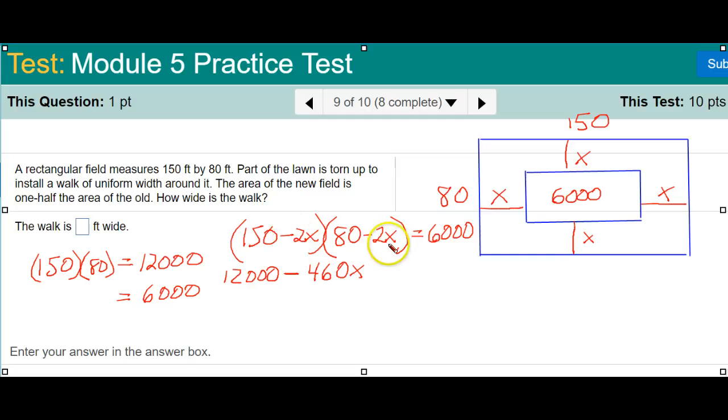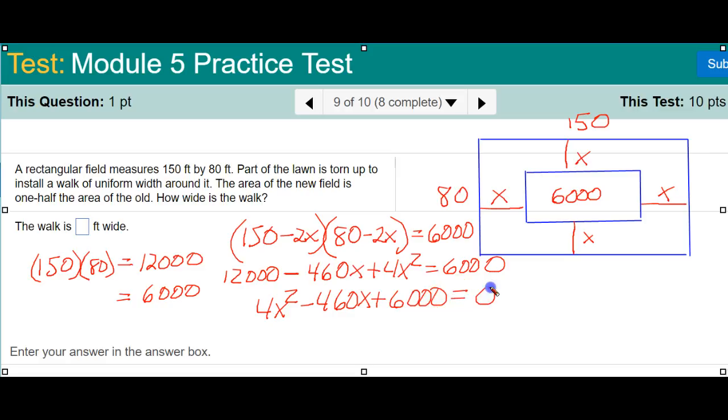And then when we FOIL our last, we get a positive 4x squared. And all of that equals now 6,000. So, in order to solve this, we have to put it in standard form. So I'll put the 4x squared there. This goes here. And now I'm going to subtract 6,000 from both sides, and that equals 0.